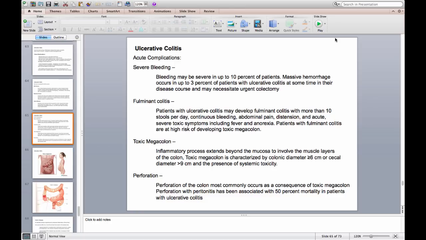That the person may become anemic or they may need a transfusion. And you worry about things like toxic megacolon, right? Obstruction of the colon because of a weakening and a dilation of the colon wall. And we also are concerned with perforations.